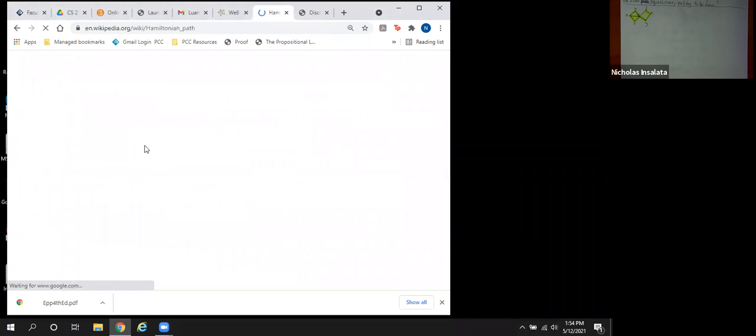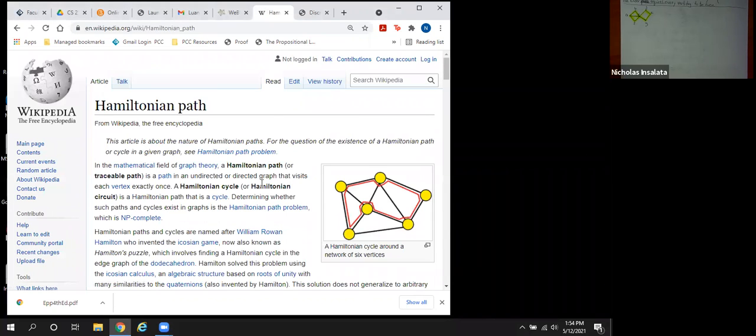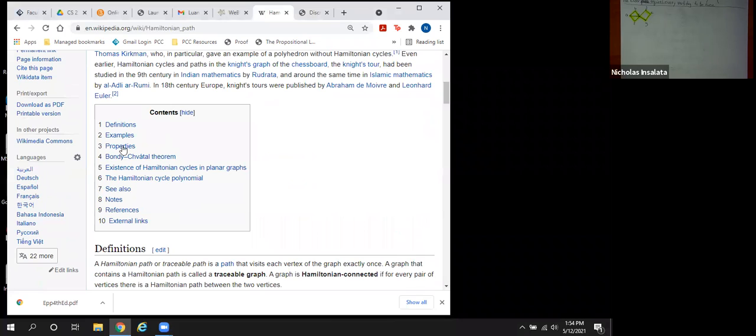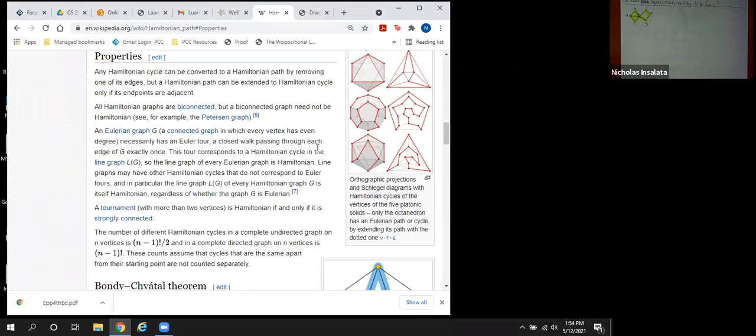and want to check out a Ham path or Ham circuit, there are all kinds of properties, right? And it talks about Eulerian circuits, which is an Eulerian tour passing through each edge exactly once.